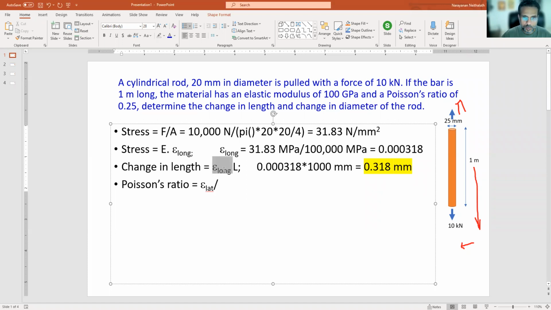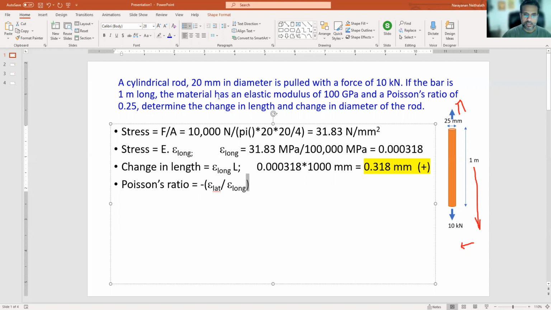That's how we have defined Poisson's ratio. We put in a negative sign also because when longitudinal strain is positive, remember this is a positive strain, correct? Because the length is increasing. So I'll put in a positive here just to show that the length is increasing when I pull with a tensile force.